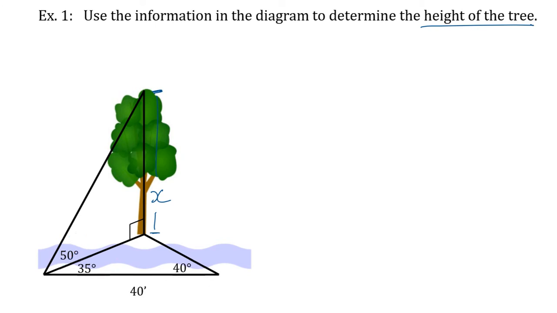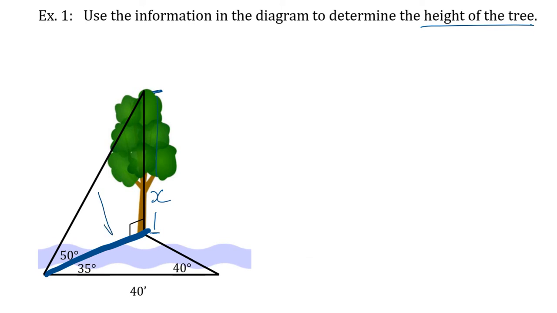Strategy number 3, and again, you're probably going to use a mixture of these 3 strategies, is look for side lengths or angles that the 2 triangles share. So that is this side length in this diagram that is in both triangles. And would you look at that?